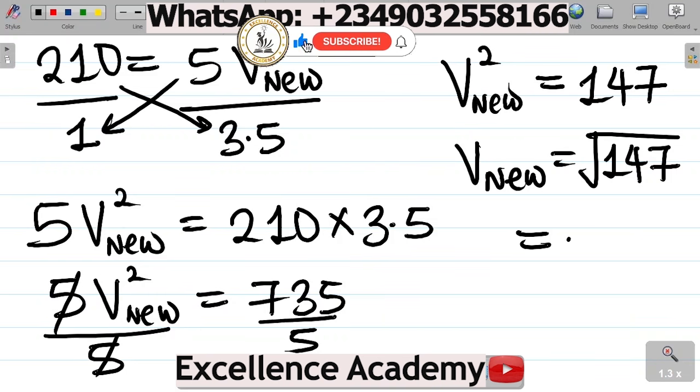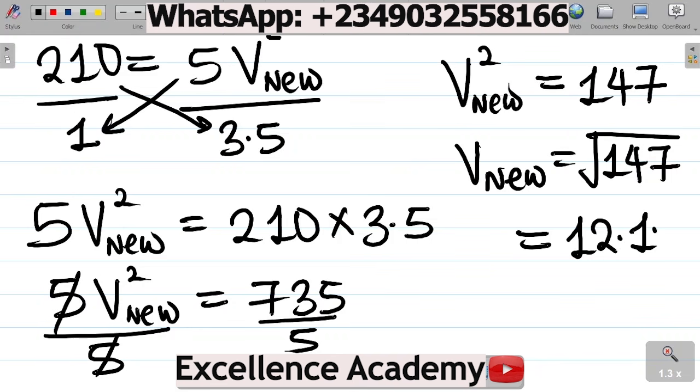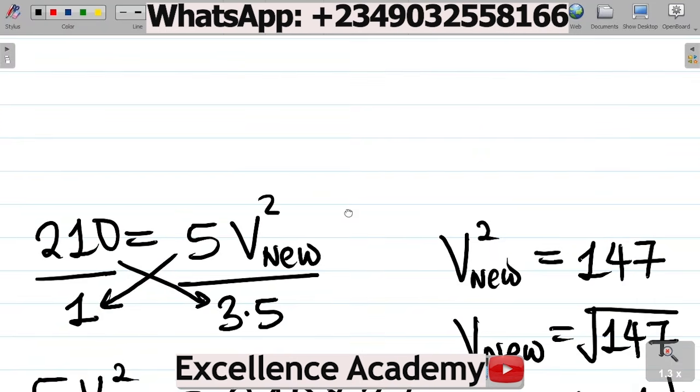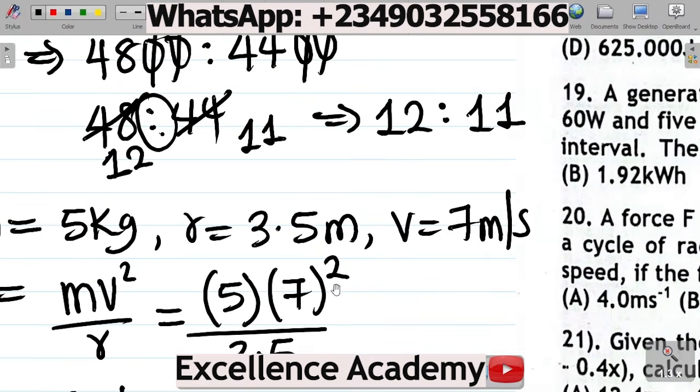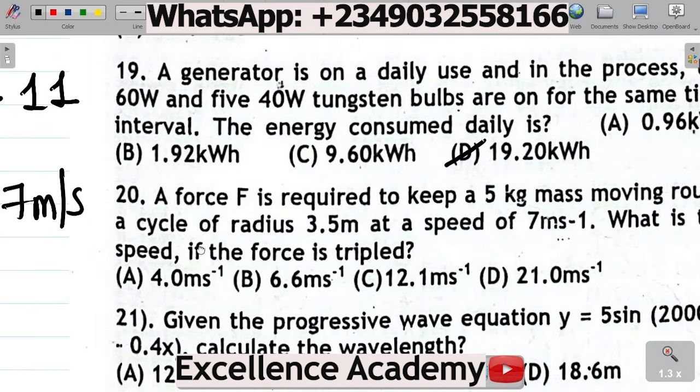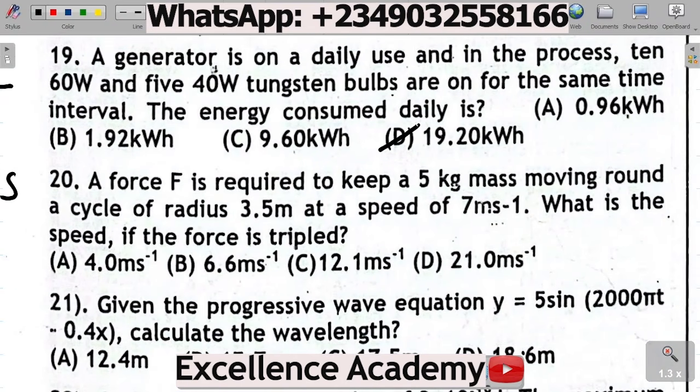The answer is 12.12. Let's just say 12.1. Unit is meter per second for velocity. So the correct answer there is 12.1 meter per second. We'll see which option has 12.1 meter per second. That is option C. So option C is the correct answer.